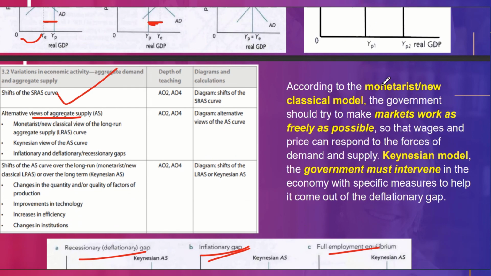Okay, the monetarist view is the latest one. Before that, the Keynesian model was developed. The Keynesian model was developed during the 1930s when there was an economic depression throughout the world. At that time, Keynes thought that in order to improve economic activities, the government should intervene.